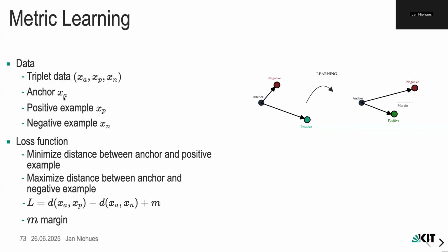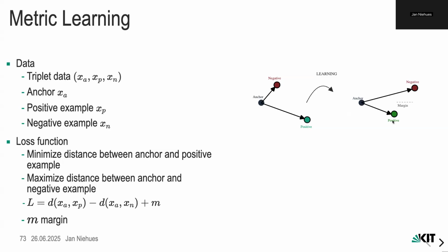And for this one, you mainly have two other examples. You have the positive example, which is similar, and you have the negative example, which is dissimilar. Then what you want to learn is, of course, to make the negative further away and the positive nearer, and there should be some margin between them, so that the positive is more similar than the negative.